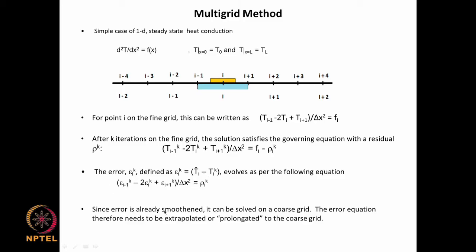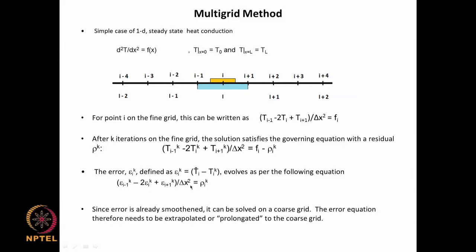Now, we can solve this. This has already been solved for k iterations, and in the process all the short wavelength contribution of this error has been damped out, because the Gauss-Seidel method is very effective in removing short wavelength errors.